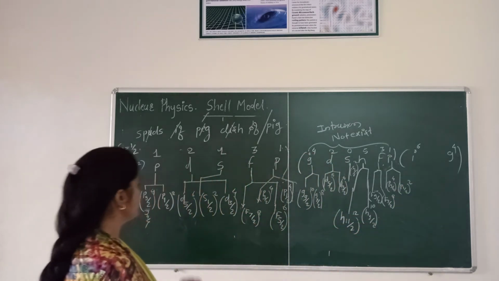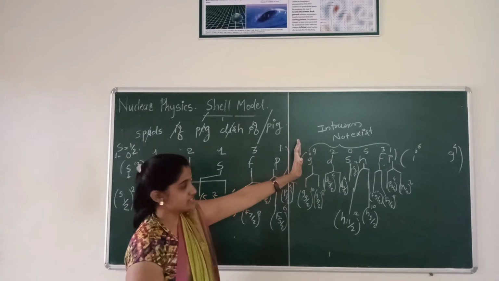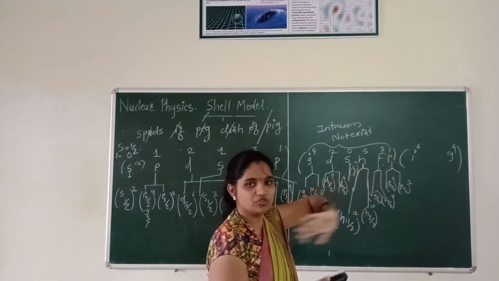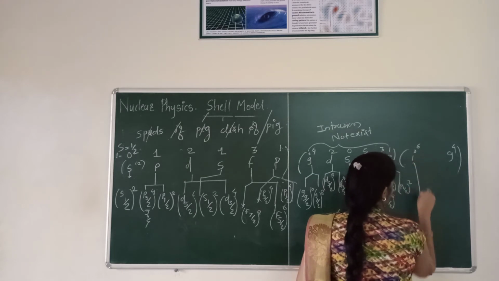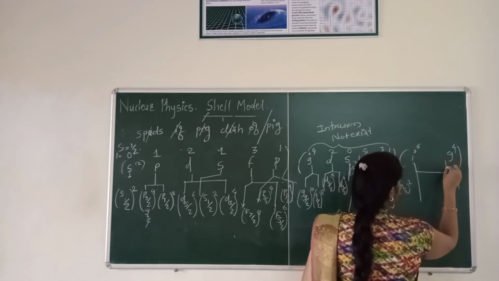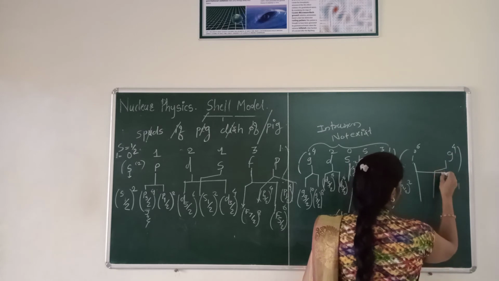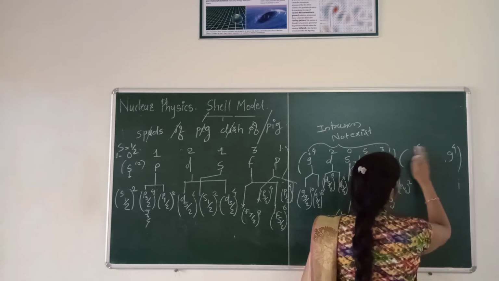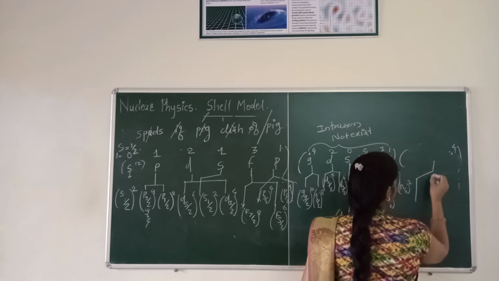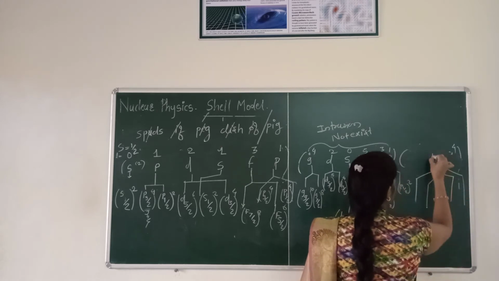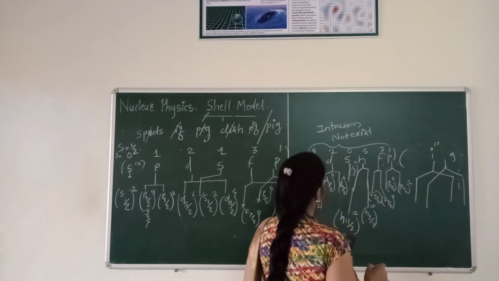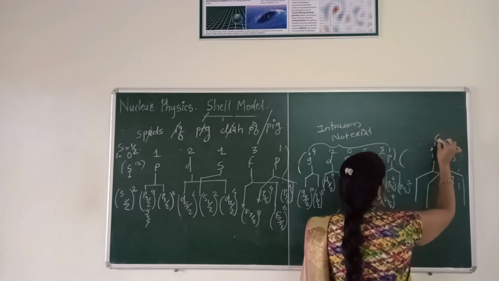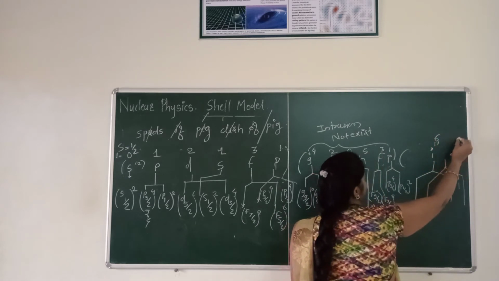Understand, student? Up to this, intrusion exists. For this system, intrusion does not exist, and for this last one, intrusion again exists. How can we write here? I and G. For I, the value is 6, and for G, the value is 4.